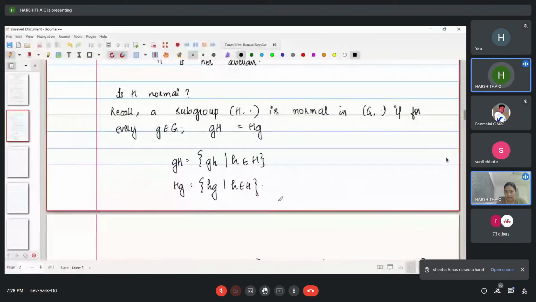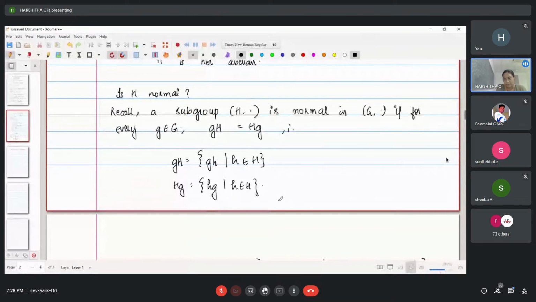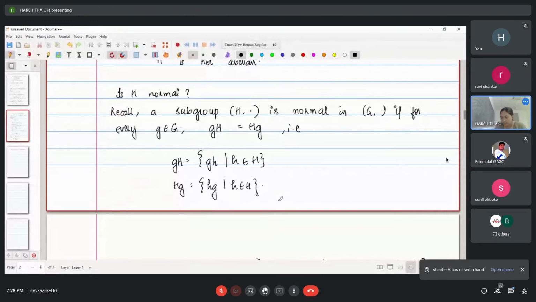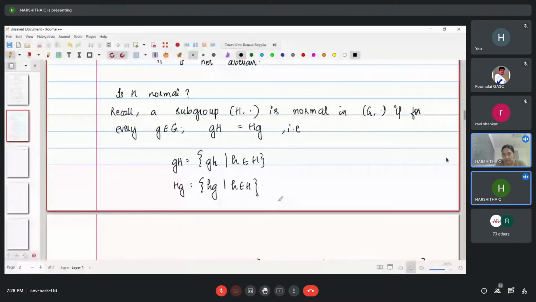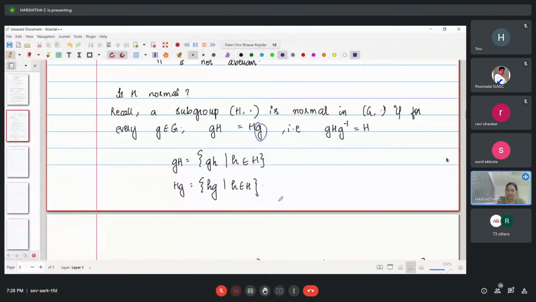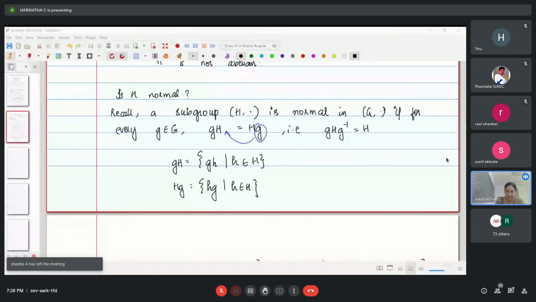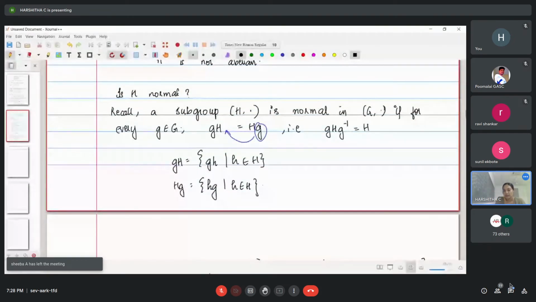If I bring this g on the other side, it becomes gHg inverse equal to H, right? Just multiplying both sides by g inverse. So what does this mean?